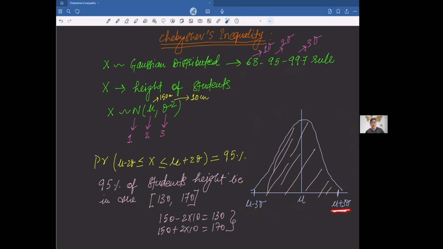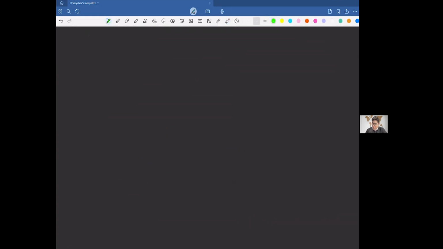From the simple rule, 99.7% of my data lies within the 3 standard deviation range, 95% of my data lies within the 2 standard deviation range, and 68% of the data lies within the 1 standard deviation range.